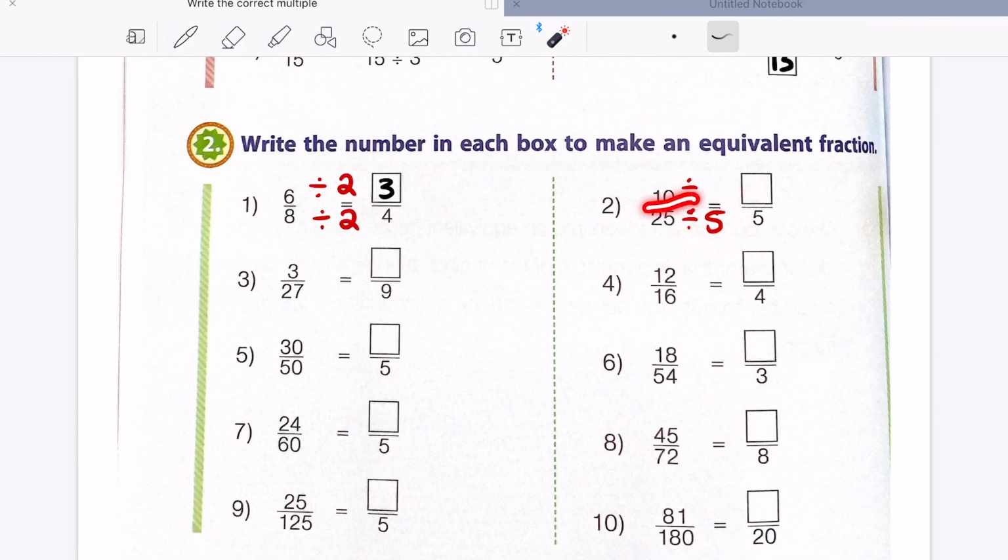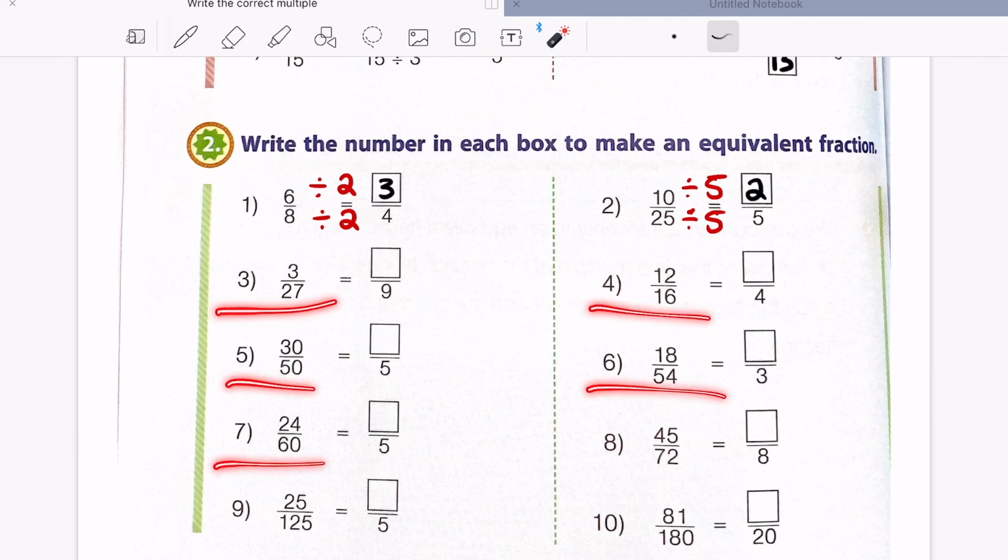So 10 also divided by 5 is equal to 2. So we get 2/5.